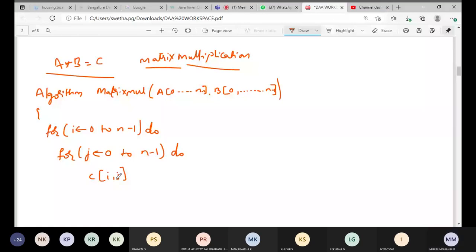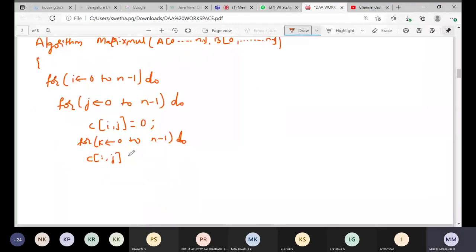Again we are using one more for loop, for k equals 0 to n minus 1. Here we are executing C of i comma j equals C of i comma j plus A of i comma k into B of k comma j.